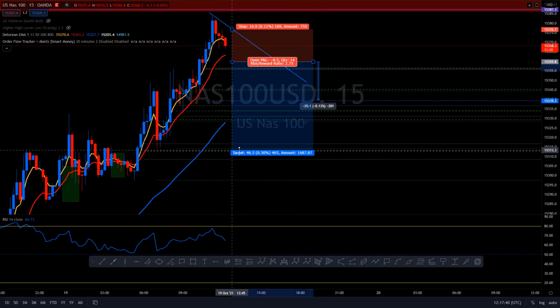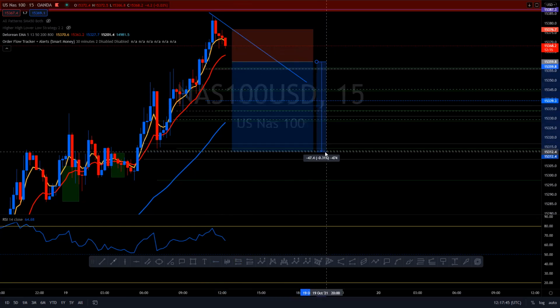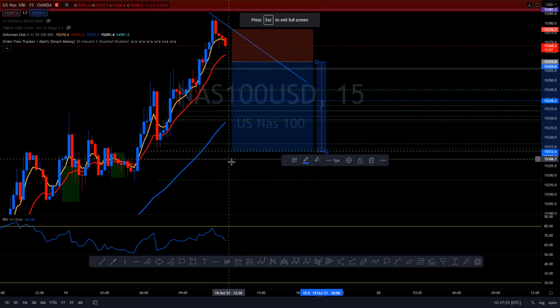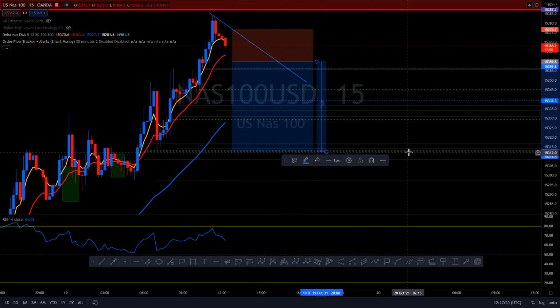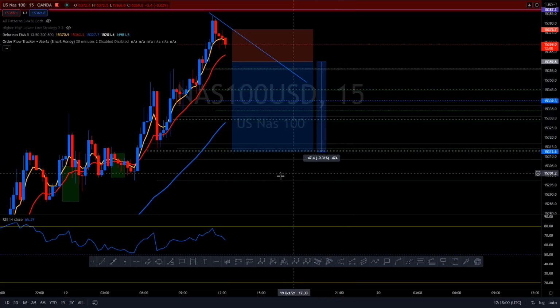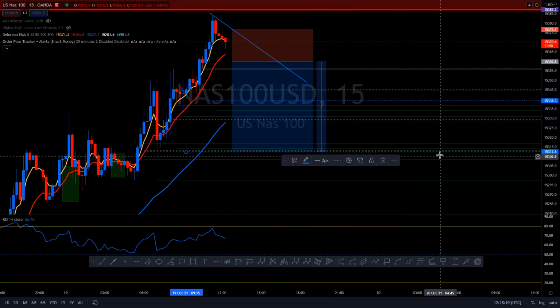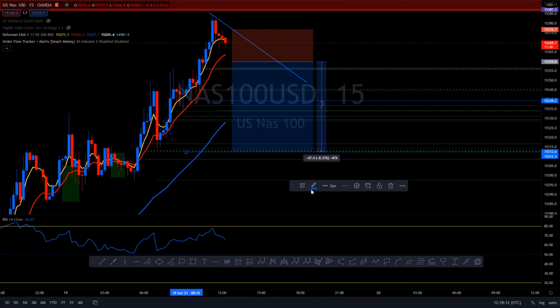And then I'll be looking to close at least down here for the second take profit. So let's see. This is 474 pips.